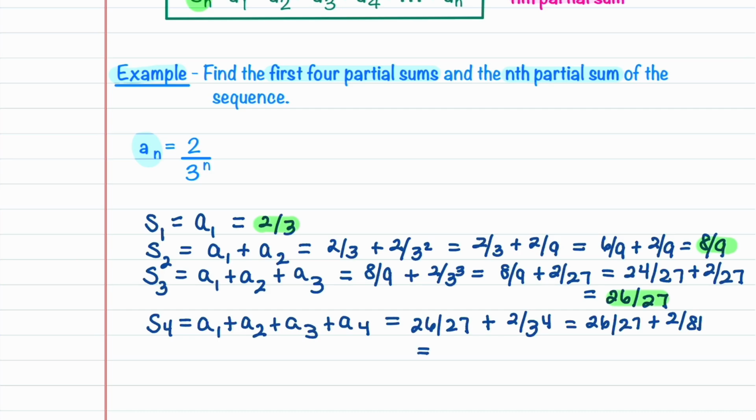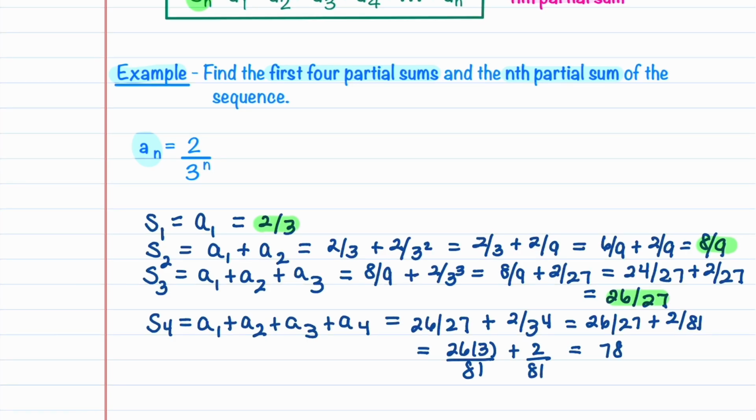We're going to write 26 over 27 in terms of a number divided by 81. So we'll multiply the top and bottom by 3. So we're going to get 26 times 3 all over 81 plus 2 over 81. I wrote that down because that's just a little bit too much to keep in our head. 26 times 3 is 60 plus 18, so that's 78. So we have 78 plus 2 all over 81 gives us 80 over 81. And let's highlight that.